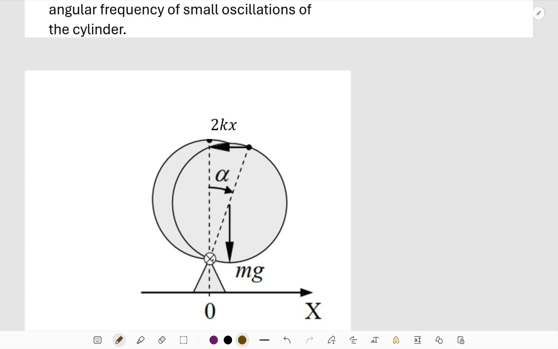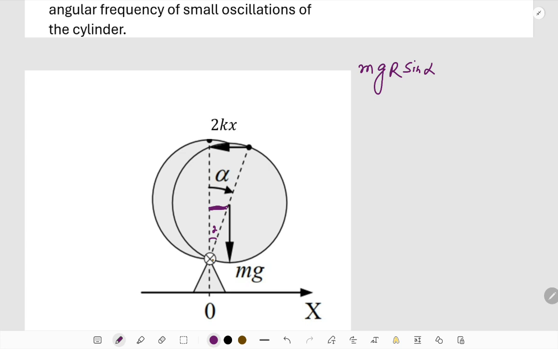You can see here that the force of gravity is producing some kind of torque, and the torque is clockwise, so you can write the torque of the gravity force as mg multiplied by the moment arm, that is r sine alpha. R is the radius, it is the center, and this angle is alpha, so you can write its moment arm as r sine alpha, and the torque is clockwise.